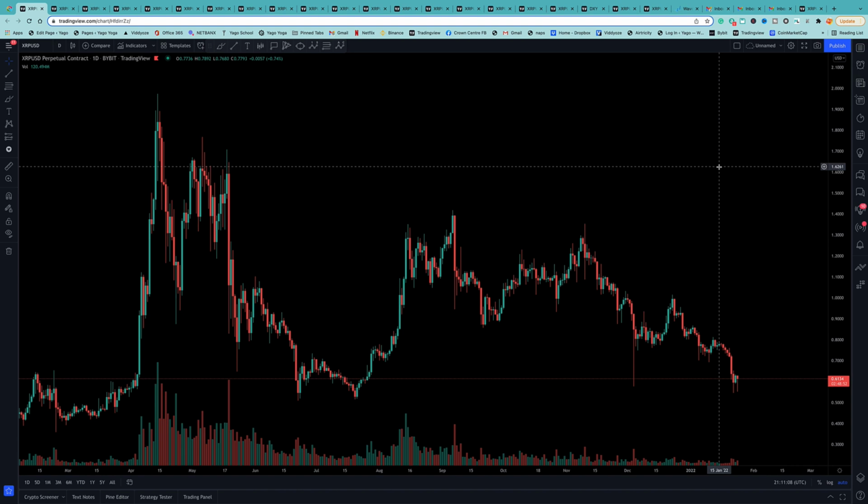When you start to look at the arc pattern, there's impulses, so there's waves, and they move in impulses, and then they have corrections. Literally you get an impulse, you get a correction, an impulse, a correction. It's like a heartbeat.